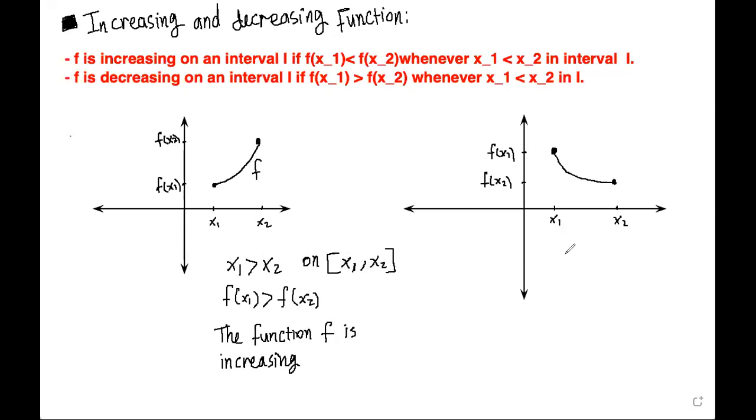Here, x1 is less than x2, but on the interval I can choose any interval. It's not supposed to be from x1 to x2. I can set the interval I to be any interval, it could be from 0 to infinity, or any interval containing these two points, x1 and x2.